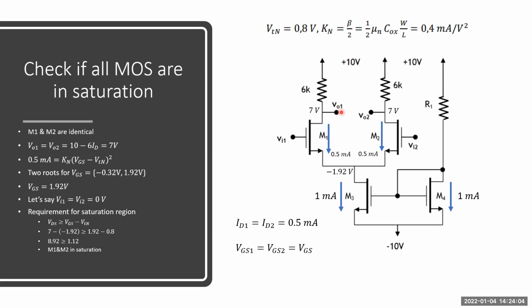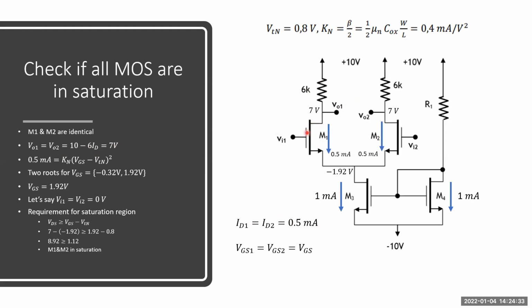What is the expression for output voltage? 10 volt minus 6 times ID, the drain current. We know the ID value because we know the value of M3. This is 1 milliamp, and this is a symmetrical structure, so the M1 current or M2 current equals 0.5 milliamp. Plug this value into the equation and the output voltage becomes 7 volt here.